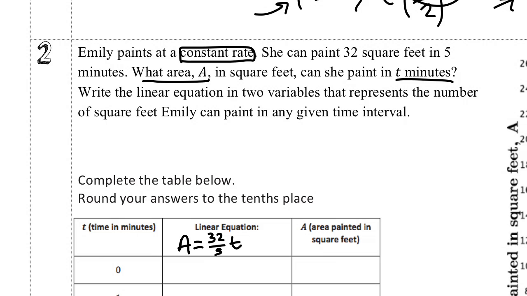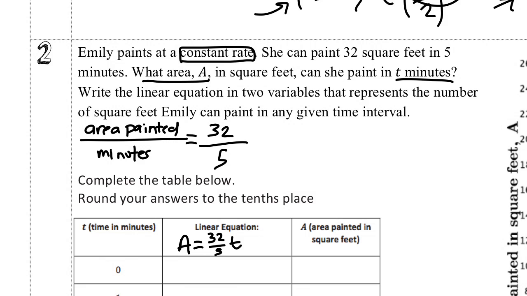So I know in this problem they're talking about area that's painted in a certain amount of minutes. And so if I wanted to know my constant rate, I would take the area that she's painting, 32, and I would divide it by the time, 5 minutes. So this is feet squared, and this is minutes.